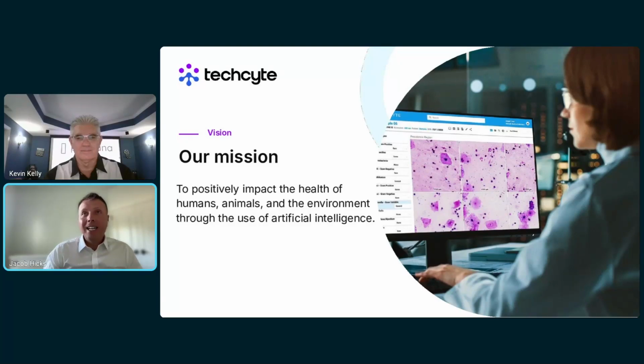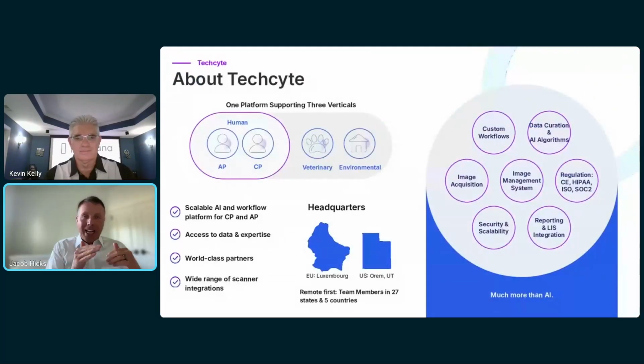And TechSite itself, we are more than just AI. We have built a software platform that is workflow plus the AI, and we have about 150 staff globally. And on the right-hand side, you can see our platform, the AI and workflow software platform really is certainly an IMS at a minimum, where we can ingest images and let users and laboratories tag, annotate, collaborate, consult, share, all of that.